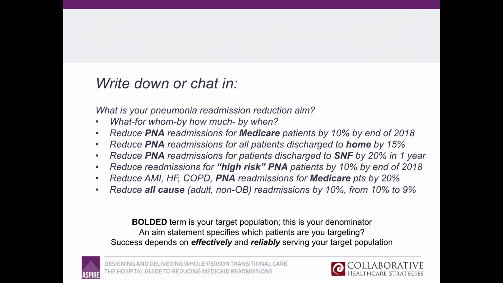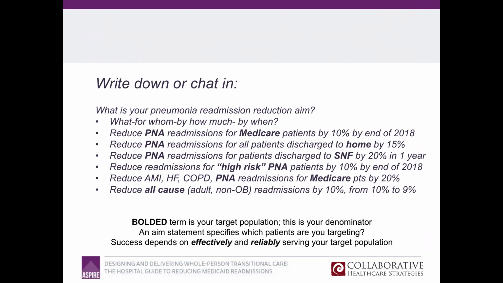Part of your aim statement is your target population, meaning this is your denominator. The aim statement specifies who we're targeting, and success in any readmission reduction effort depends on both effectively delivering services that are going to be effective in achieving the aim, and delivering those services consistently or reliably, as we say in quality improvement.